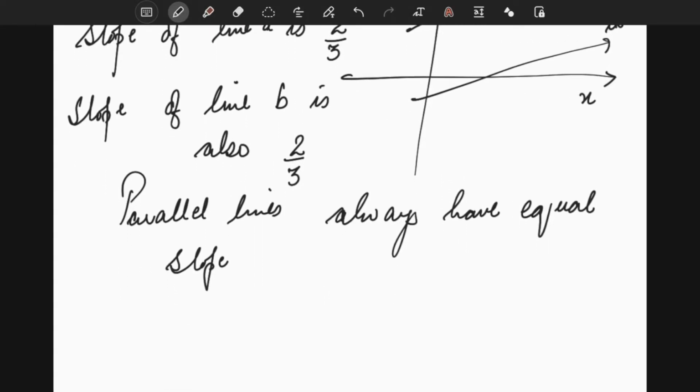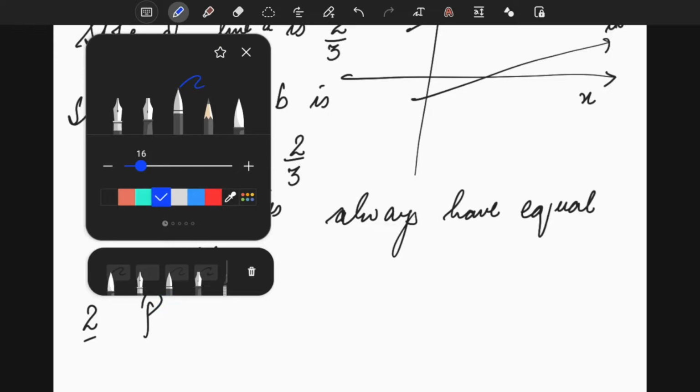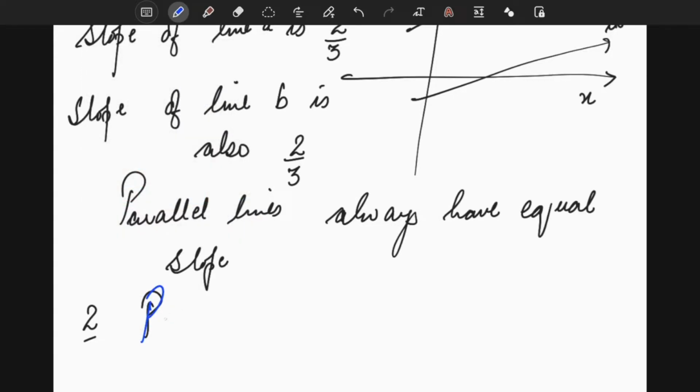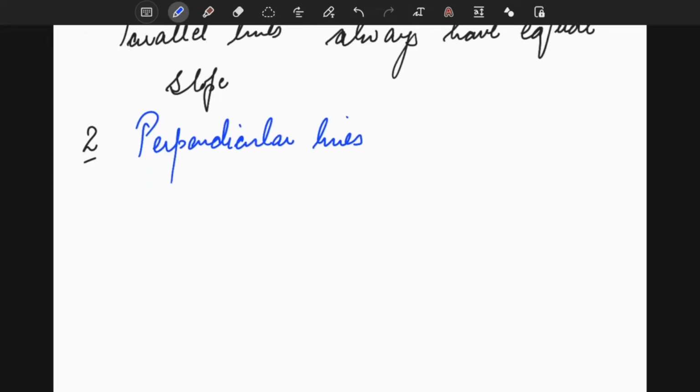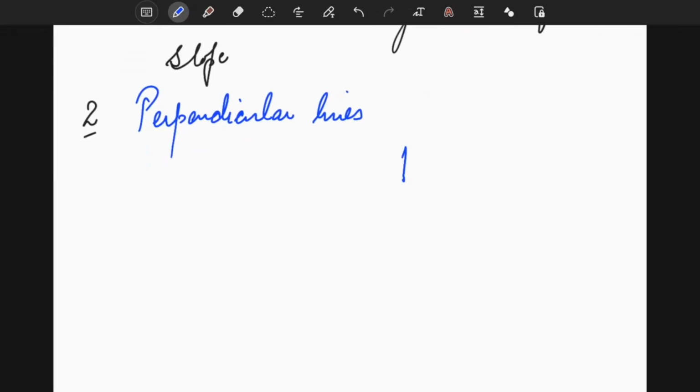After that, now we have perpendicular line. And for perpendicular lines, slopes are not always equal. And you know, perpendicular is also represented by this symbol. In the question, they'll write like this notation.